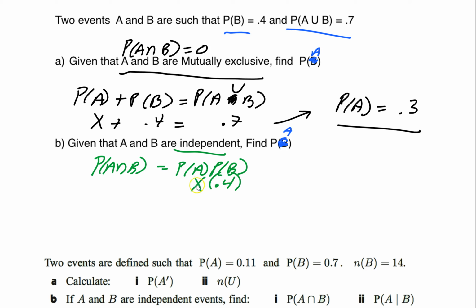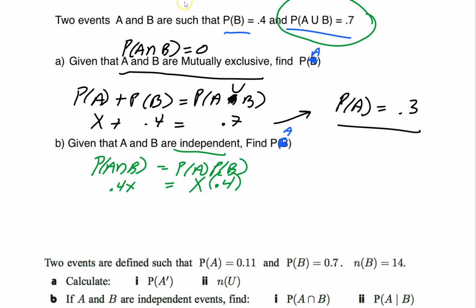I'm looking for this, so that's X. And all I know right now is that the intersection is 0.4x. So how am I going to find A? I have A, I don't know, and B is 0.4. I still got to use this.